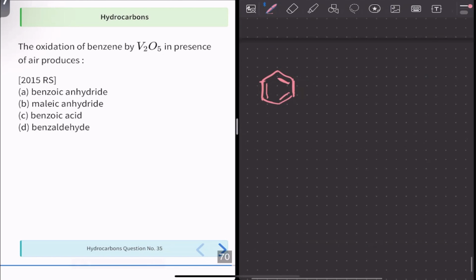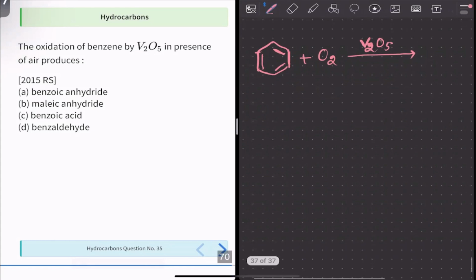Let's see the reaction. The oxidation of benzene with the help of V2O5. You will have to remember this. V2O5 will produce an anhydride.